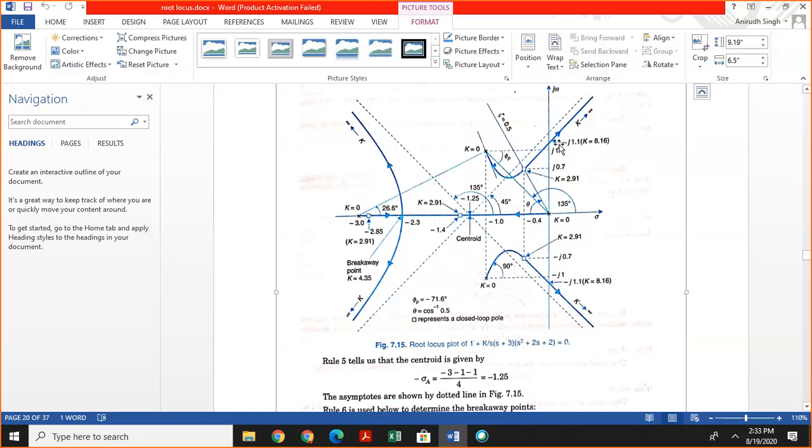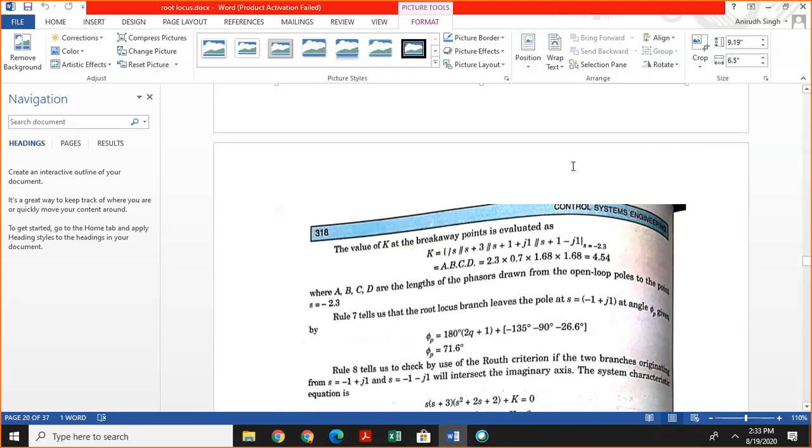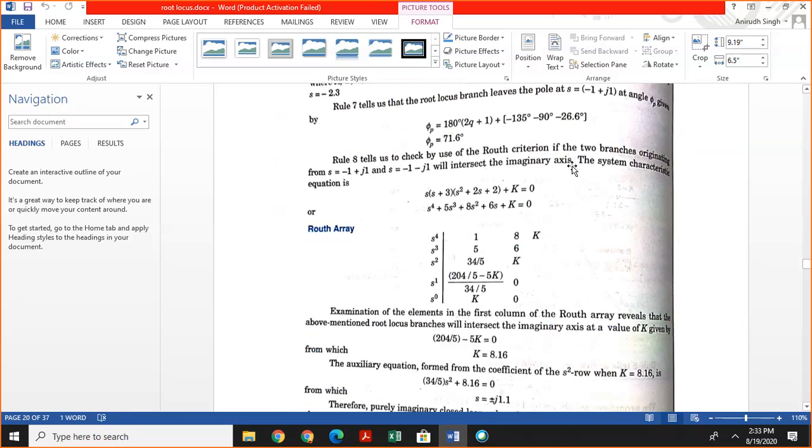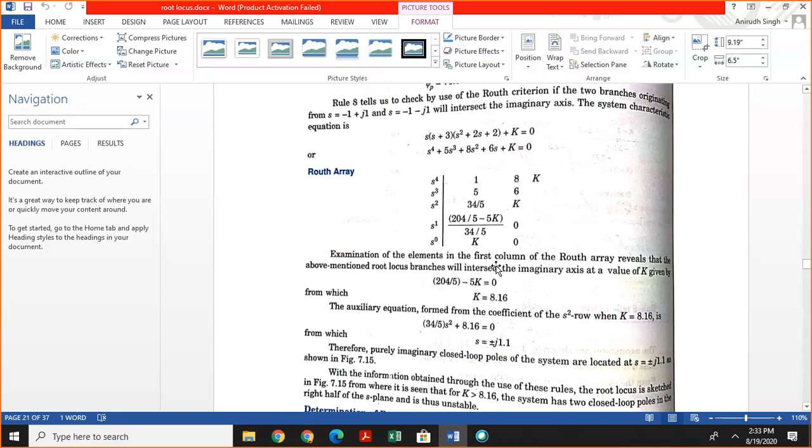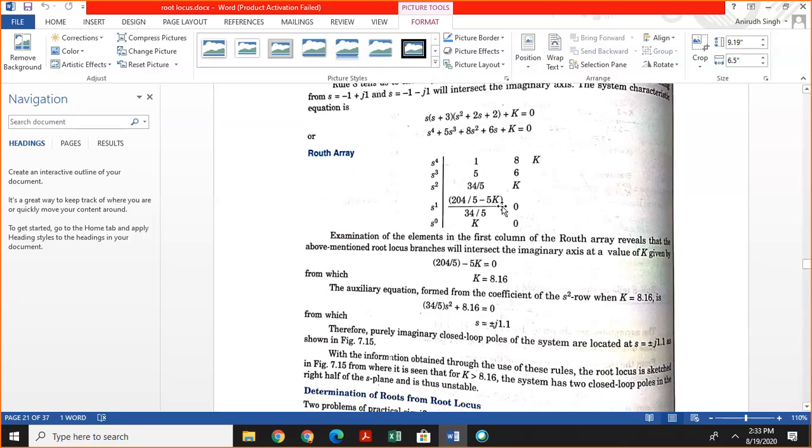This crossing point or intersecting point can be calculated by the Routh array. This is the characteristic equation, and we form the Routh array, and in this array we make this quantity equal to 0 and calculate the value of k.